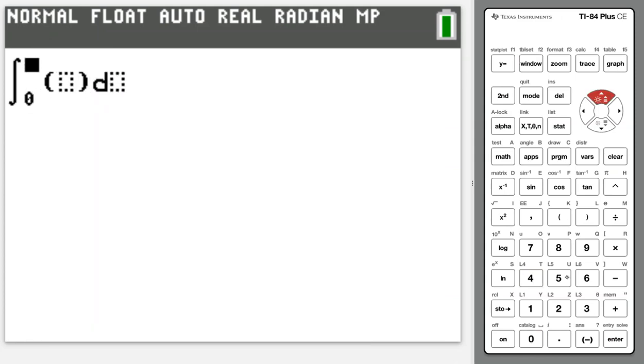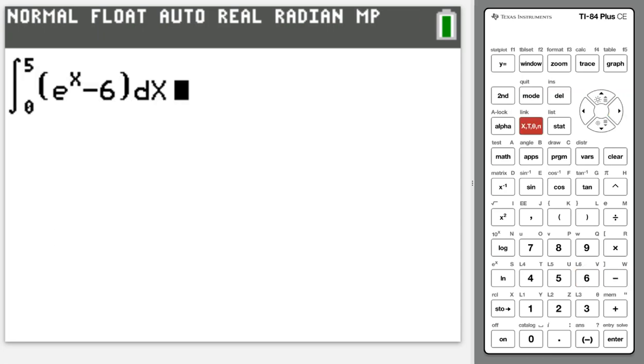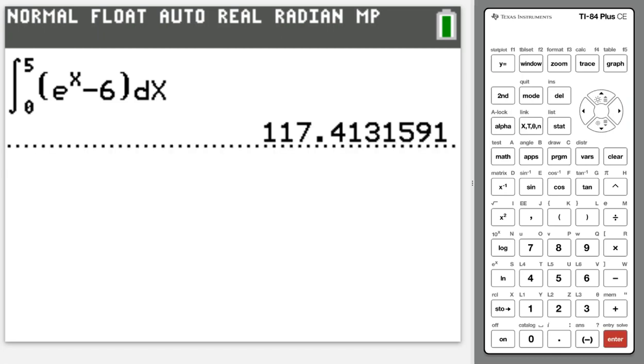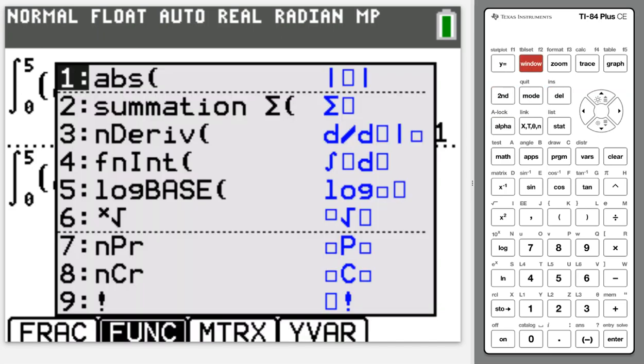Just ask your calculator from 0 to 5. If this was velocity, then this would be the displacement, but for total distance, we need to squeeze in an absolute value sign.